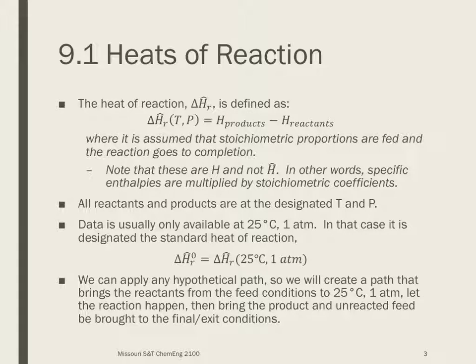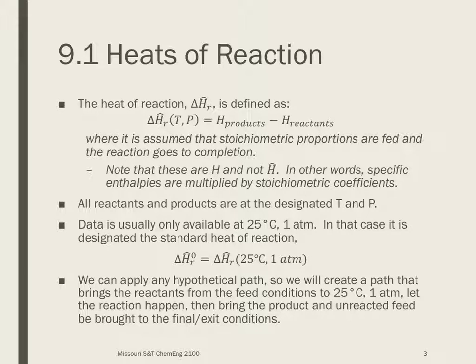Now all of these reactants and products are going to be at a designated temperature and pressure, and the heat of reaction changes with that temperature and pressure. Typically, data is only going to be available at 25 degrees C and 1 atmosphere. So in that case, we are going to designate that the standard heat of reaction. And so instead of having to put parenthesis 25 degrees C, 1 atmosphere, we're just going to put a little superscript 0 on the delta HR.